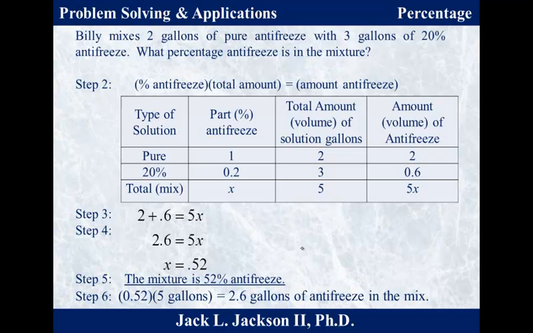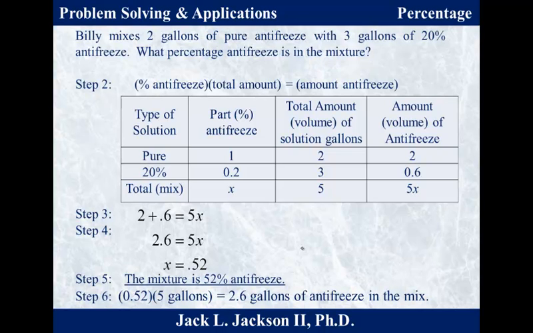Okay? And so then we have this worked out. The volume of antifreeze is 2 plus 0.6, and we know that the total amount of antifreeze is also x times 5. So that gives us our equation: 2 plus 0.6 equals 5 times x. So 2.6 equals 5x, divide by 5, and x equals 0.52, which in percent form is 52%.